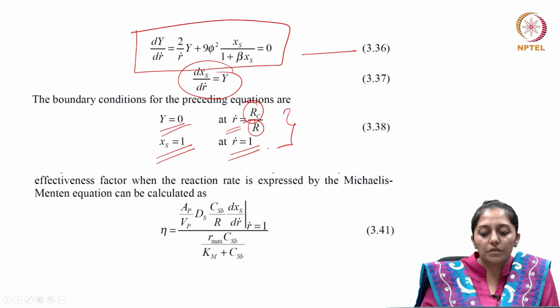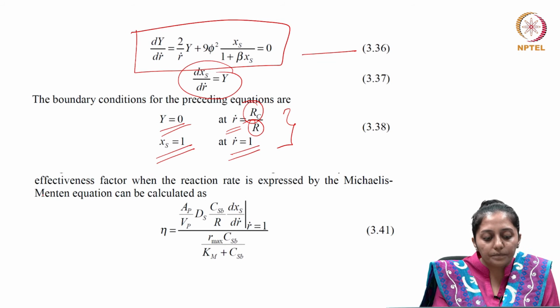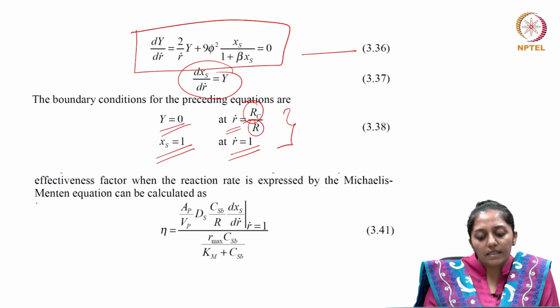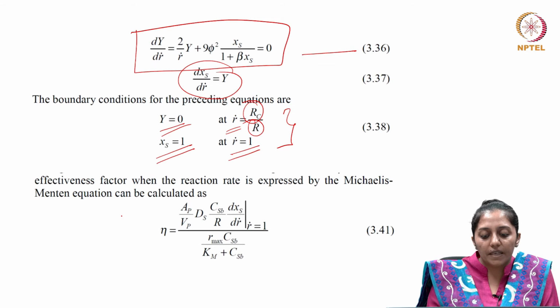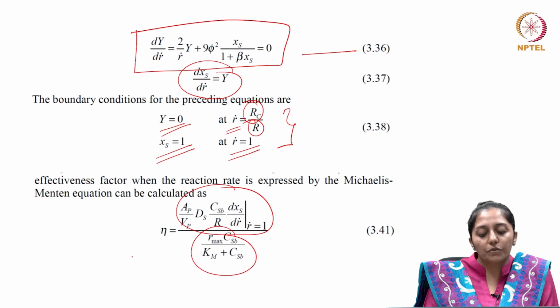So, the boundary conditions remain the same, it is just the change in the variables. And in this case, the effectiveness factor can be represented as the actual reaction rate and the reaction rate in the absence of any diffusional limitations.